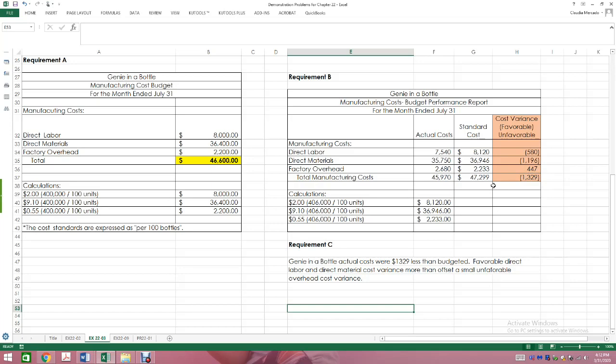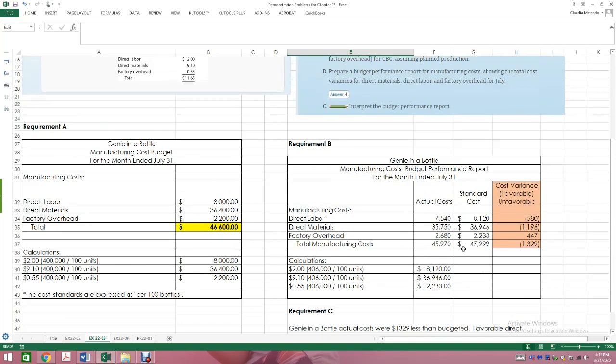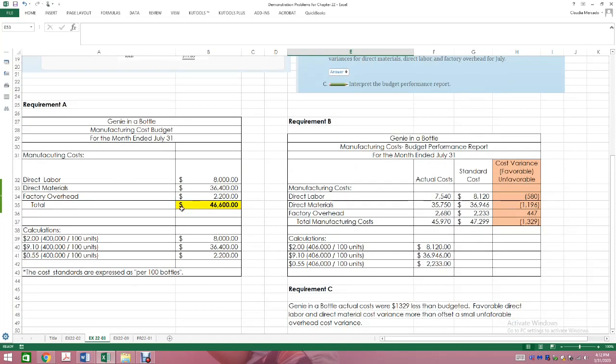Okay, so this is our requirement B. We have to do the manufacturing cost budget. Remember, this is for 400,000 units. Then we have to do a budget performance report because we're doing an actual production of 406,000 bottles. We had to rerun our calculations for 406,000 to get our standard cost.